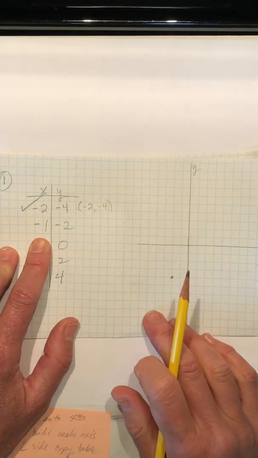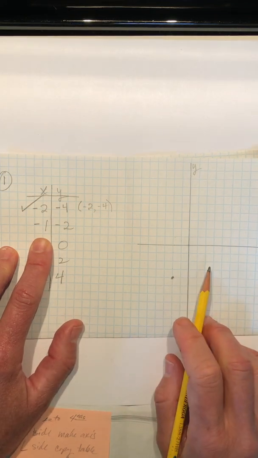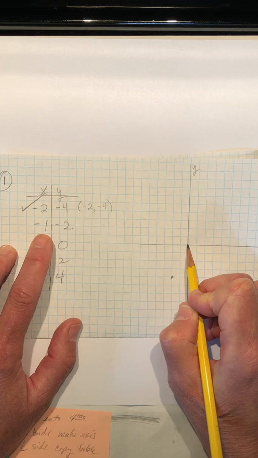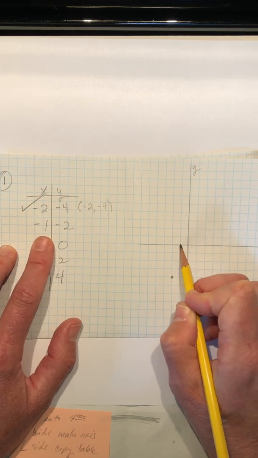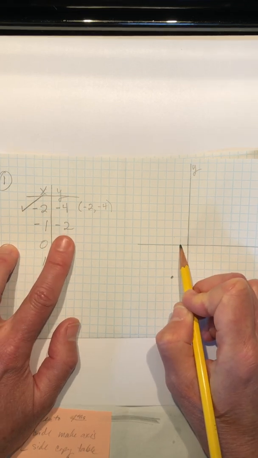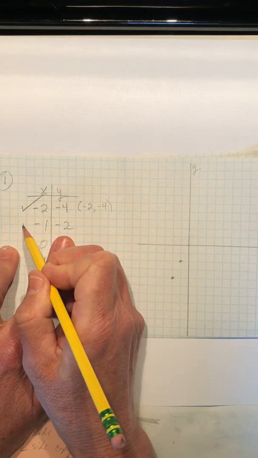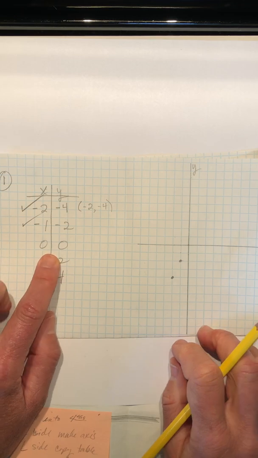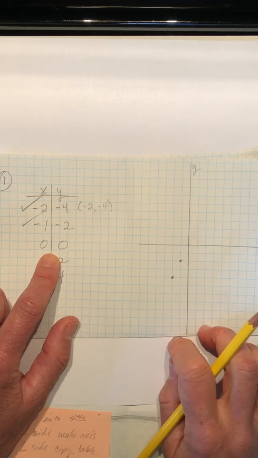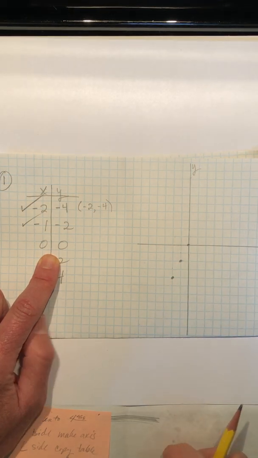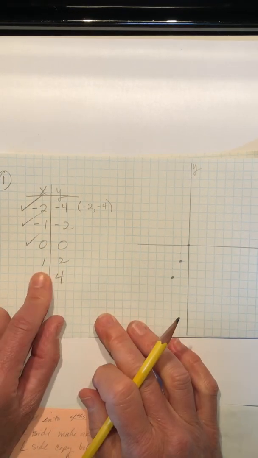Now I'm going to do -1, -2. I always start at the origin. So -1, -2. There's my second point. Here's our third point. I love 0, 0, because that's it right there. Done.